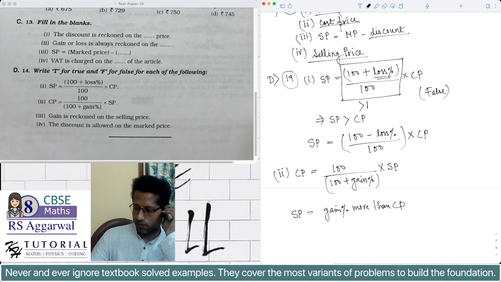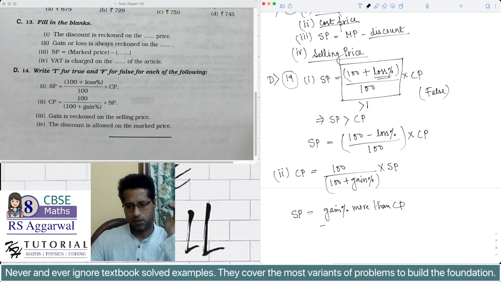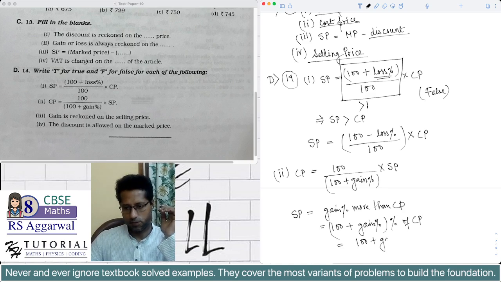Now we know from the concept of percentage, gain percent more than CP is equal to 100 plus whatever the gain percent is, this much percentage of CP. This percent means this divided by 100 multiplied by CP.